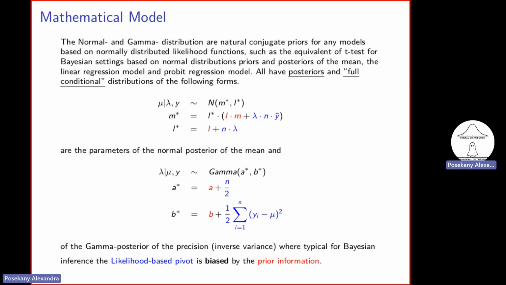And this is what all simulation algorithms out there actually provide you with. Every single one of them is doing simulations for the full conditionals, because that's what Gibbs sampling and Markov chain Monte Carlo sampling is all about.